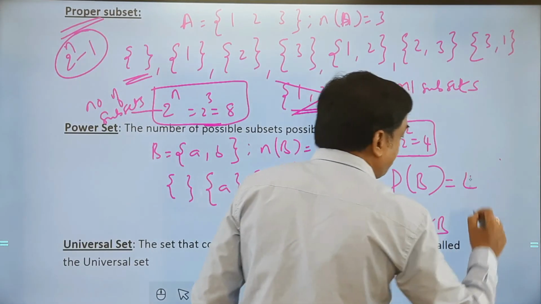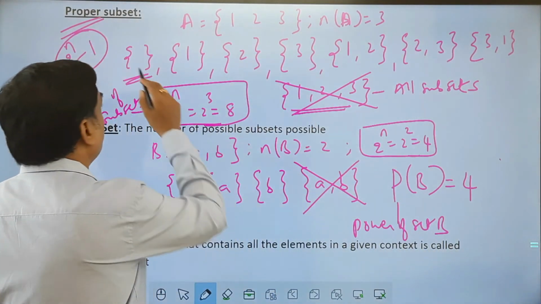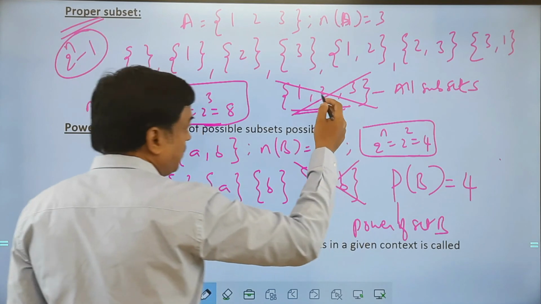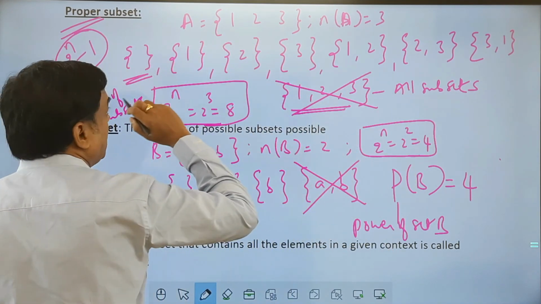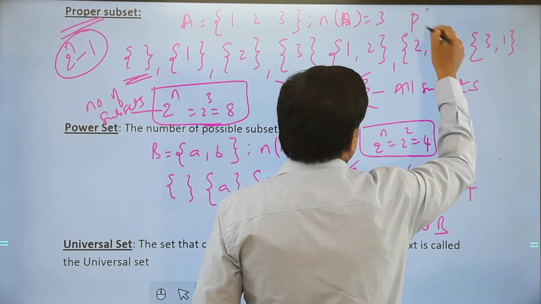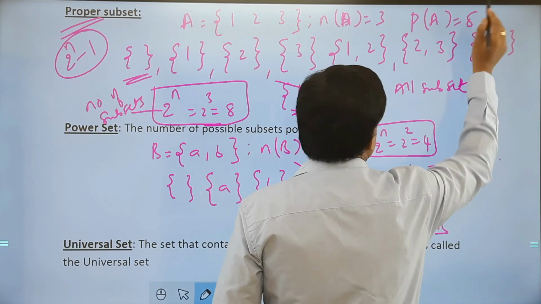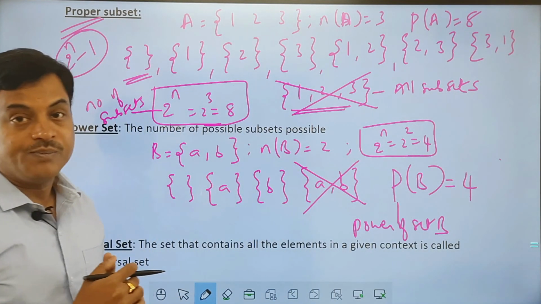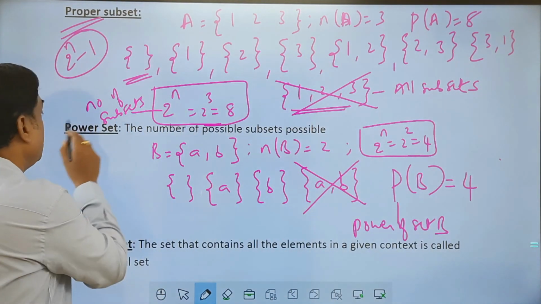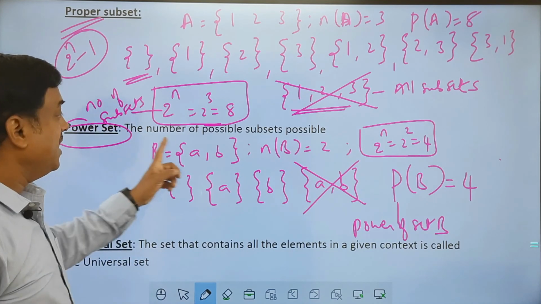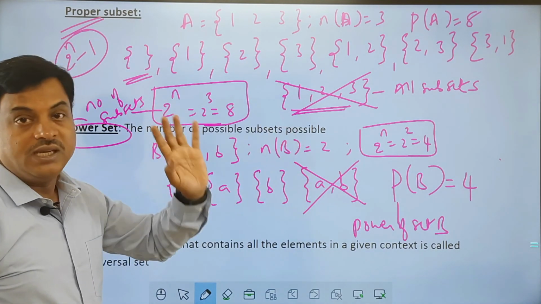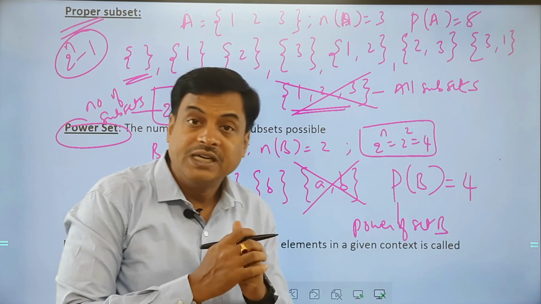That is called the power of a set. And here, 1, 2, 3, 4, 5, 6, 7, 8 we got. So the power of a set for A, P of A, is 8. See the definition here: what is the definition of the power of a set? The number of possible subsets is called the power of a set.